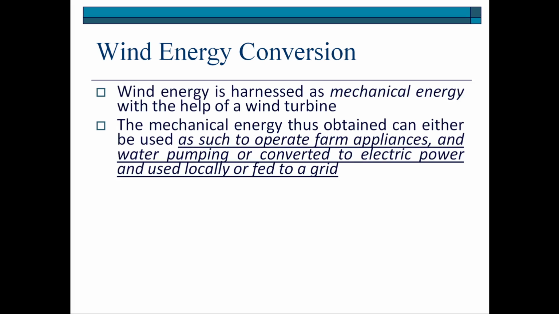Mechanical energy is obtained from a wind turbine. So wind energy is harnessed as mechanical energy. That mechanical energy can either be used as such to operate farm appliances, the wind farm itself, and water pumping. So wind energy can be directly used for water pumping or converted to electric power for grid use.